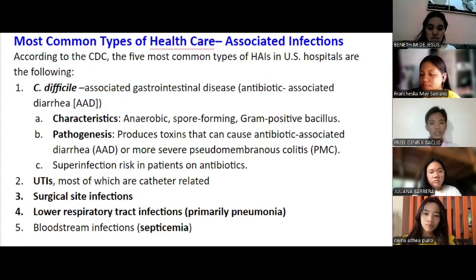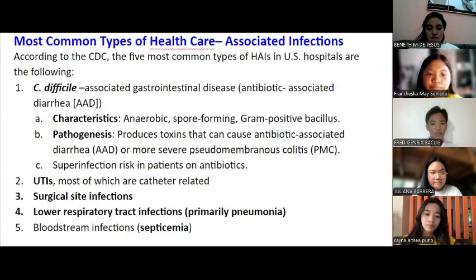If a patient is on a long-term antibiotic treatment, they are at higher risk of getting the infection because the antibiotics disrupt the normal gut flora of a person, allowing C. difficile to multiply and produce toxins.